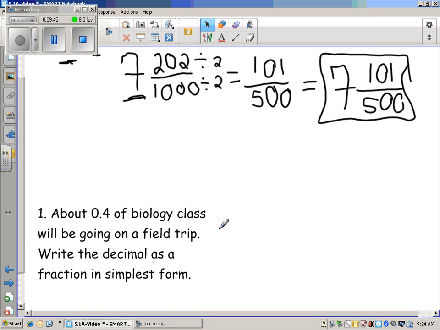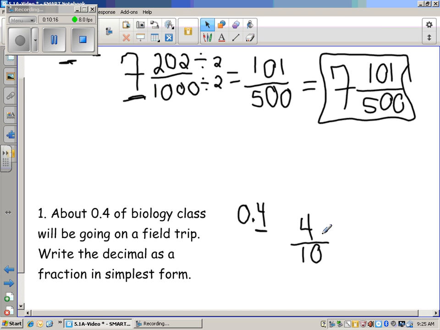Looking down at the question, it says about 0.4 of the biology class will be going on a field trip. Write the decimal as a fraction in simplest form. So I have 0.4, and I want to write that as a fraction. My 4 is in my 10th spot, so I'm going to do 4 over 10.